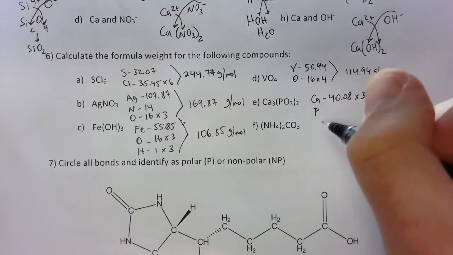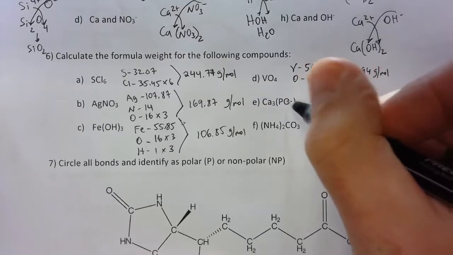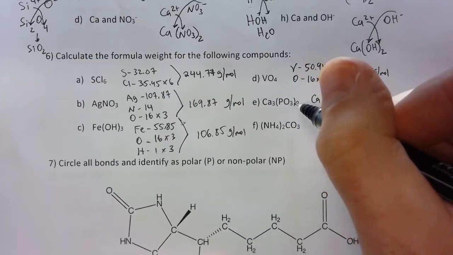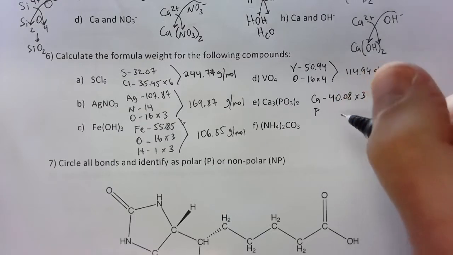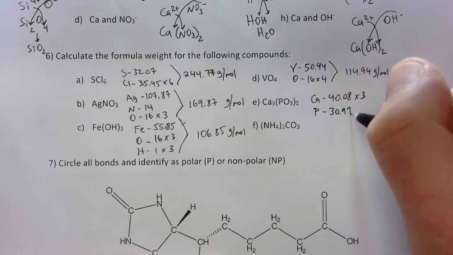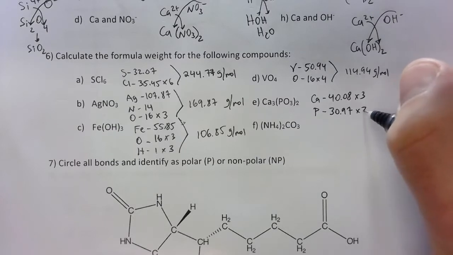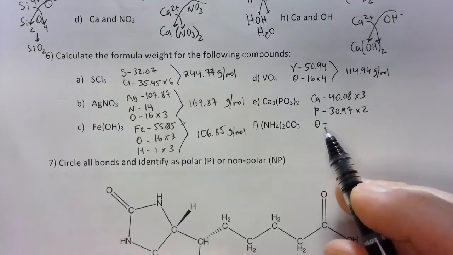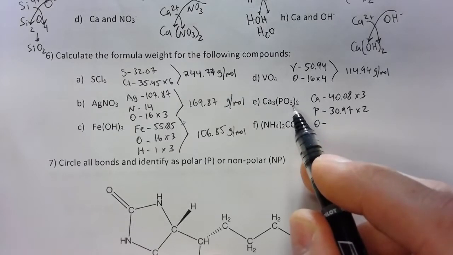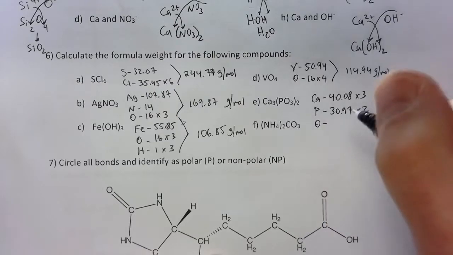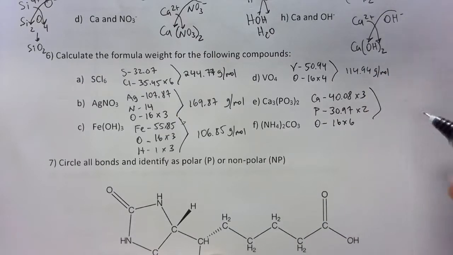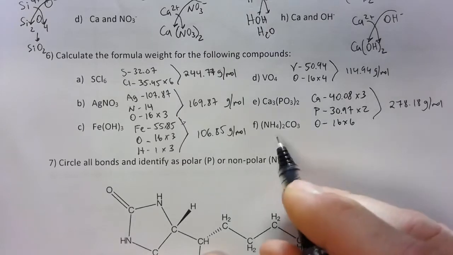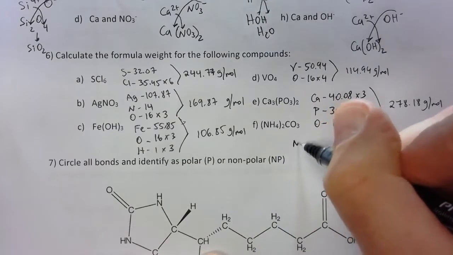And then P, there are 2 of them. And so that's going to be 30.97 times 2. And then oxygens, this is where people get confused. Oxygens, there are 6 of them. We take the 3 and multiply by 2. So 16 times 6. When we add all this together, should get 278.18 grams per mole.